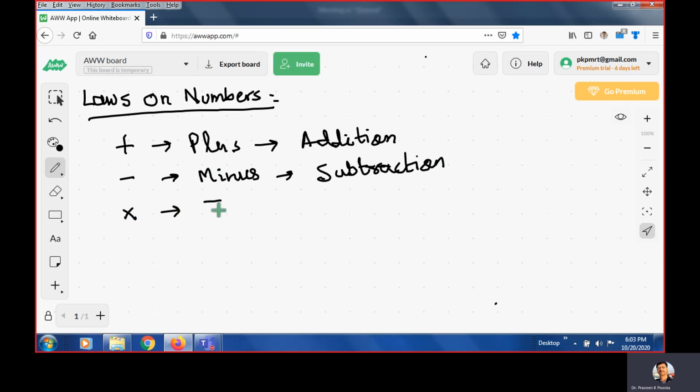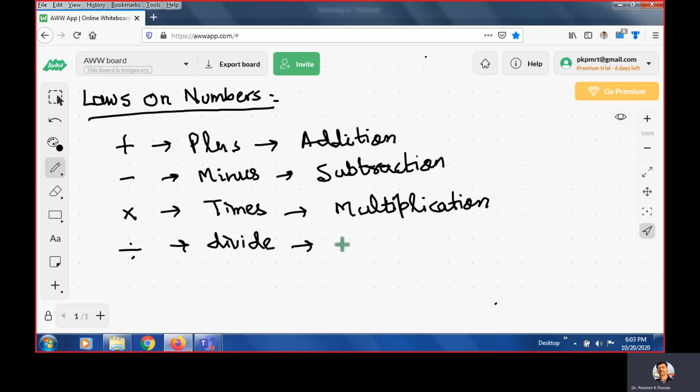This is called times. Times is called multiplication. Clear? And the fourth one is divide. Divide means division.